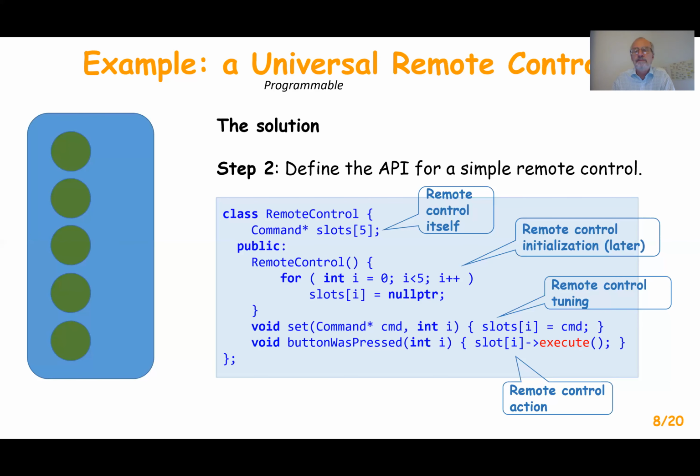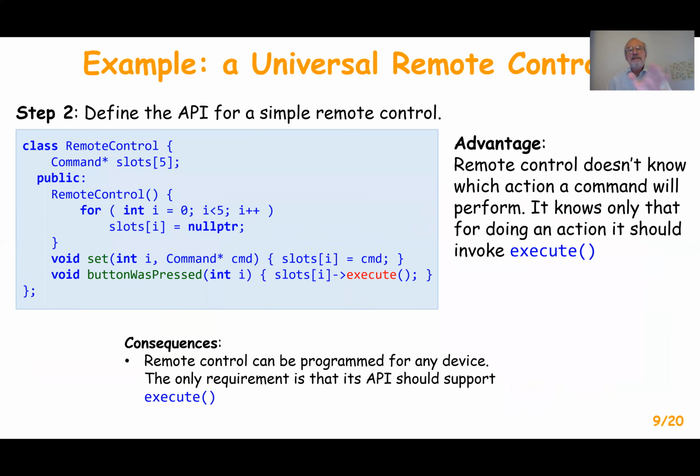Okay, let's go on. This is the same code snippet, and the explanations. I have already said my explanation. So again, the advantage of the implementation of the remote control is that it doesn't know which action a command will perform.